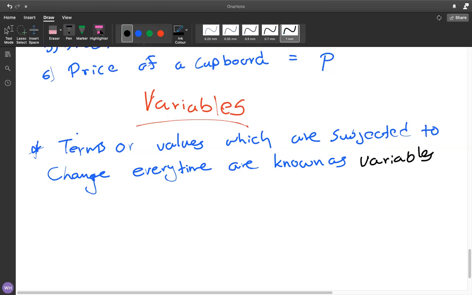If you wish, you can change the color of the pen and write. Terms or values which are subjected to change every time are known as variables.